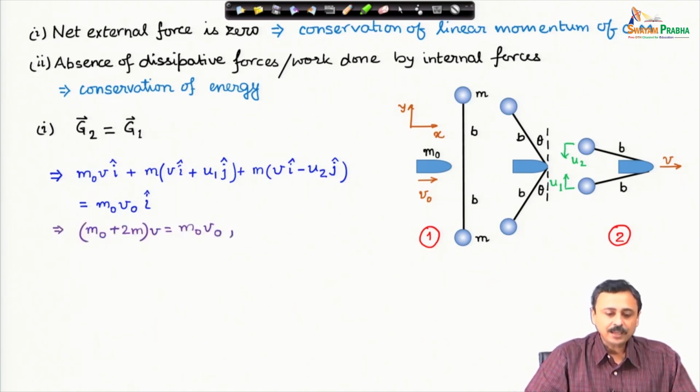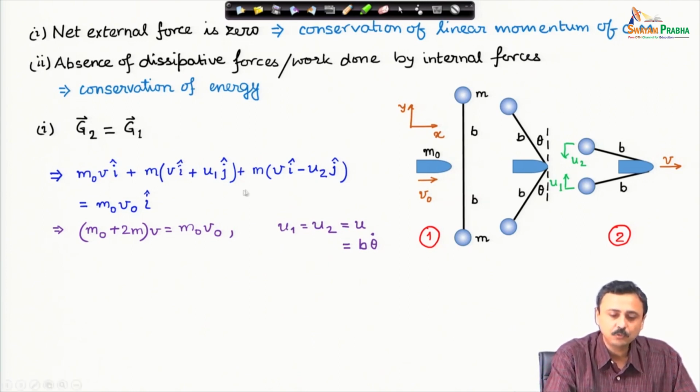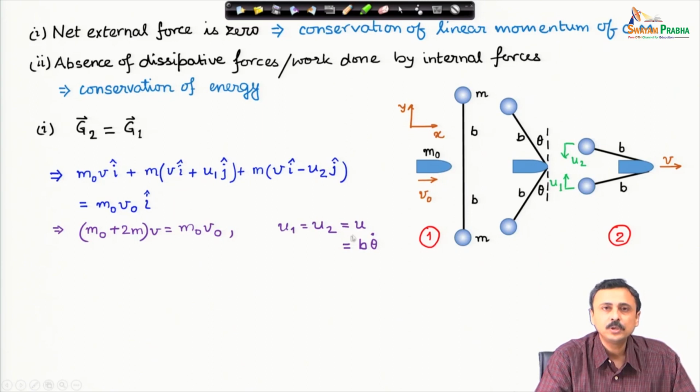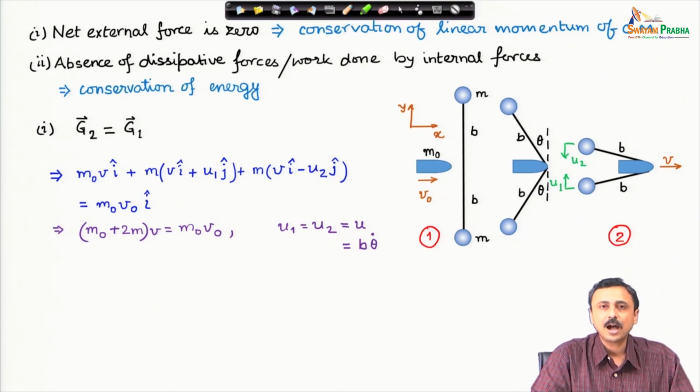When I simplify and look at the i component and j component of this vector equation, I observe from the i component this relation, and from the j component I have u1 must be equal to u2, and I call it a common velocity u, and this is a relative velocity, remember, and this must be equal to b times theta dot. b is half the length of the chord.